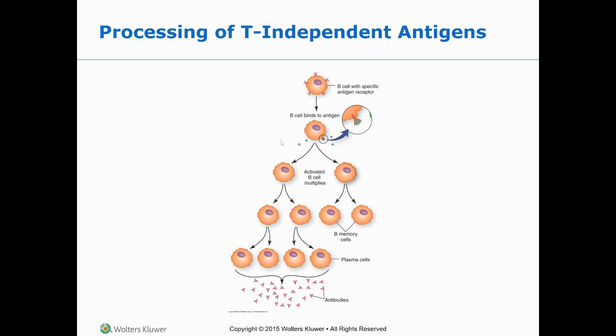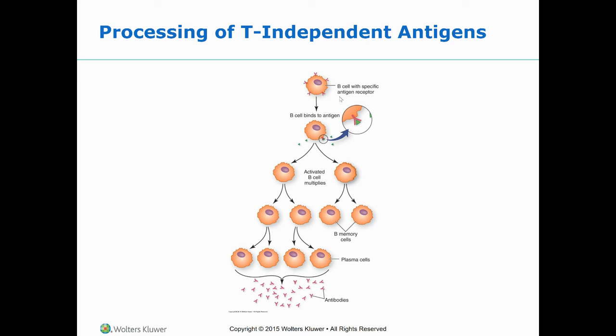But the idea is that you have an antigen receptor here, which is usually going to be some type of TCR, and that's going to attach to your antigen fragment. In addition to that, you're going to have what we call a CD4 plus, which is going to attach to your MHC class 2, which I'll show in a little bit. That's this whole thing that's happening here.